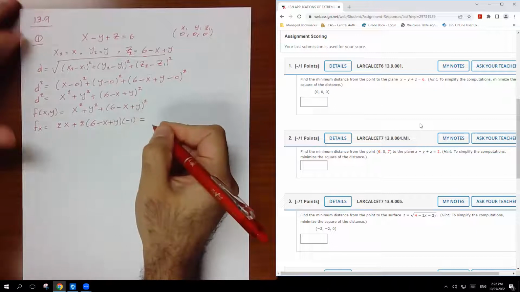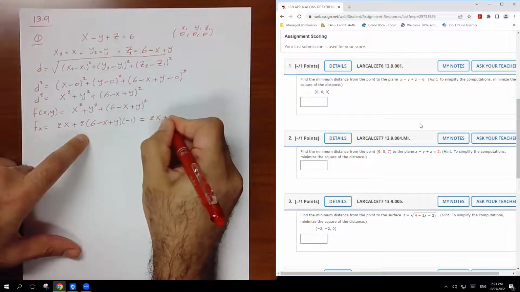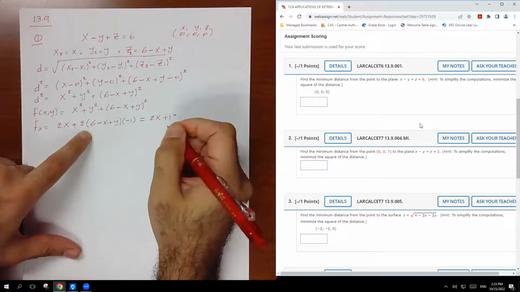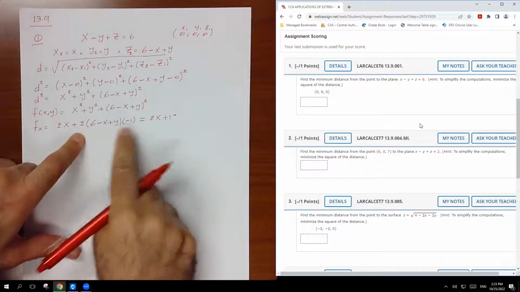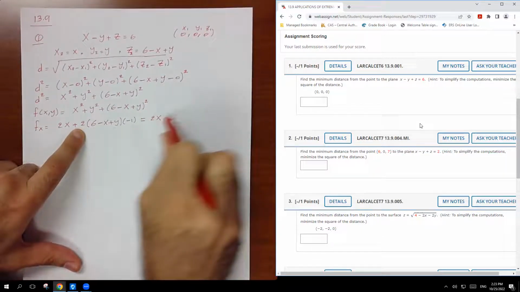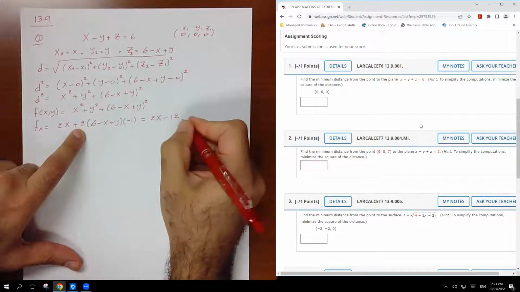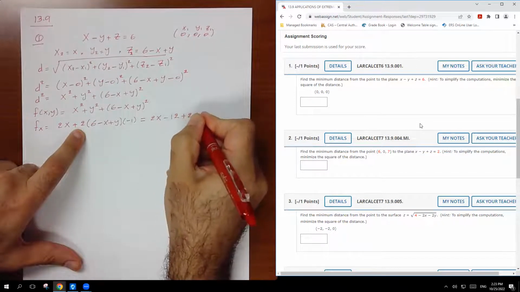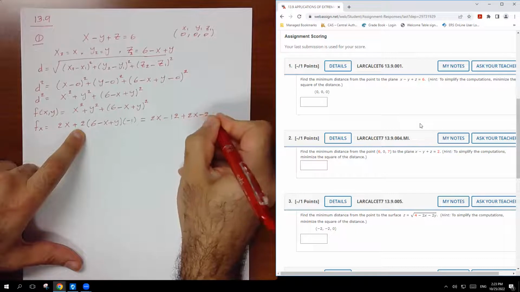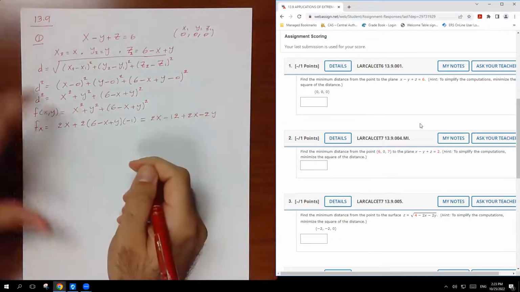I'm going to simplify this one. So it's going to be 2x plus 12. Be careful here, it is -1. -1 times 2 is -2, so it's going to be -2 times 6, -12, plus 2x minus 2y. This is f sub x.